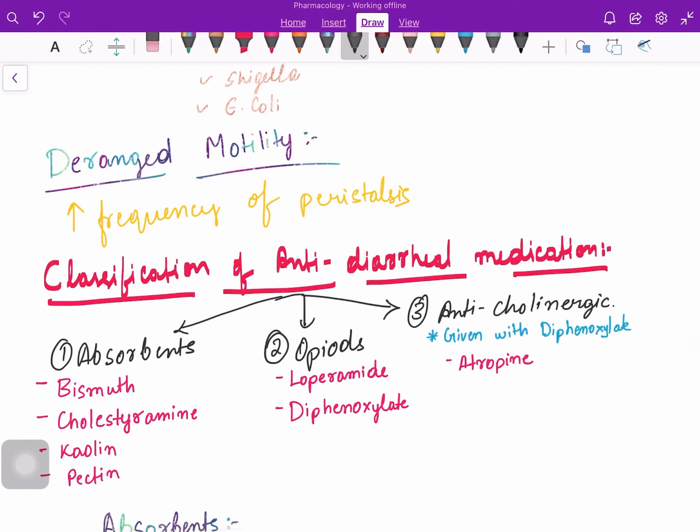Then the deranged motility, it is simple: the increased frequency of peristalsis. That is, peristalsis takes place too frequently, due to which the chyme passes too quickly, gets formed into liquid, and the quantity of the liquid increases to more than 200 gram per day.